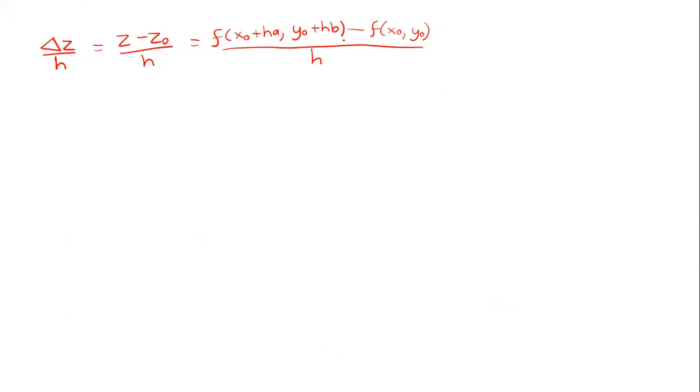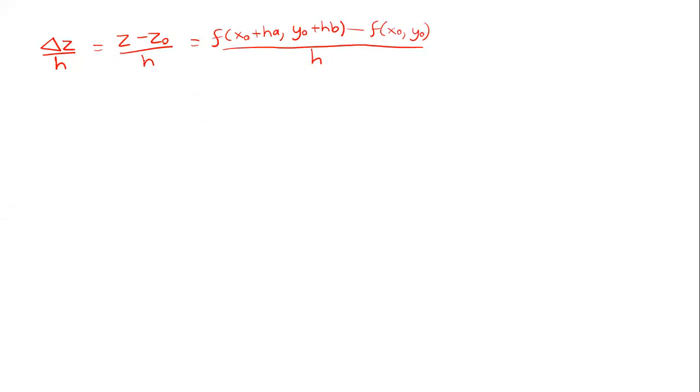And so I add those up, and here's the new value of Z. F of X0 plus HA and Y0 plus HB is equal to Z, and F of X0, Y0 is Z0, and divide by H.